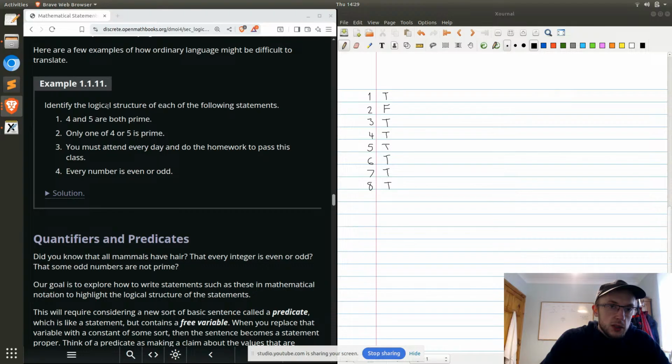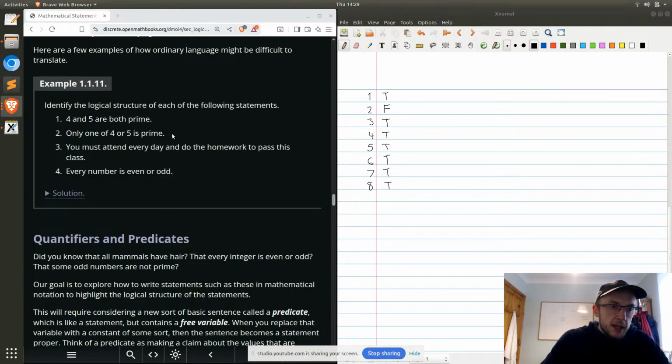Identify the logical structure of each of the following statements. 1. 4 and 5 are both prime. So I believe it's making the claim 4 is prime and 5 is prime. 2. Only one of 4 or 5 is prime.